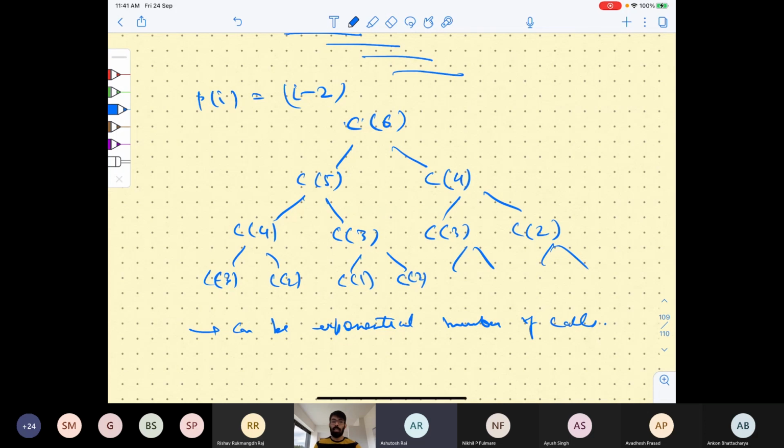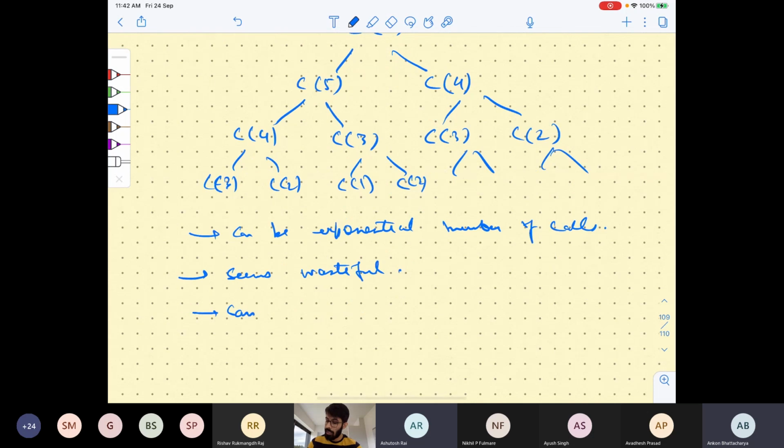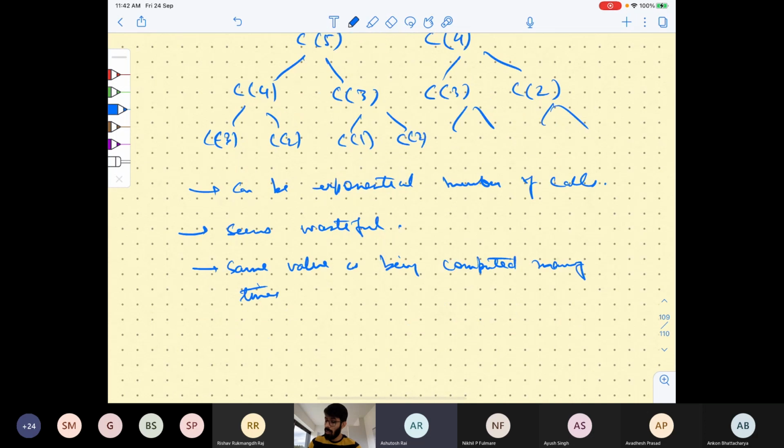But all these calls seem quite wasteful, right? Why? A lot of values are repeated, like C4 is called twice, C3 is computed twice. Same value is computed many times. Okay.